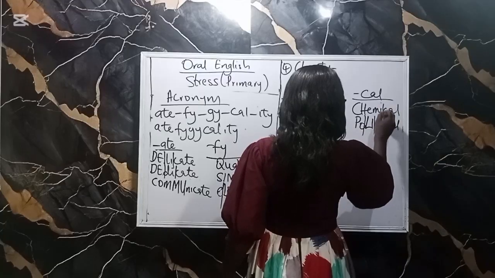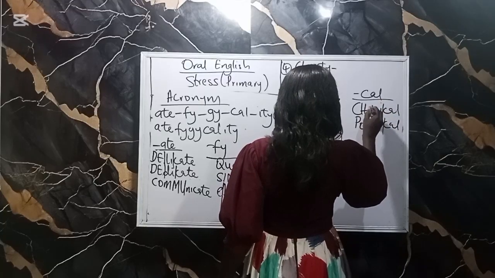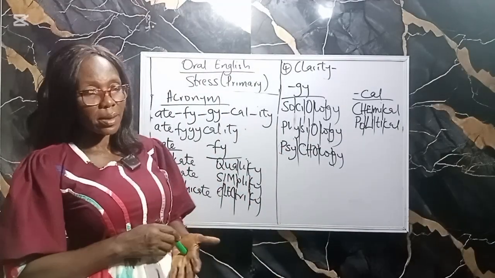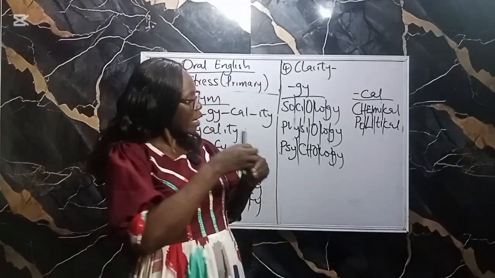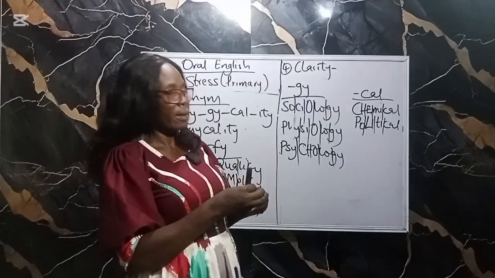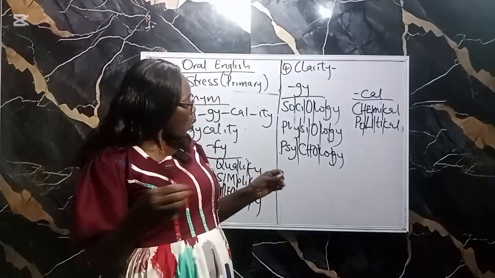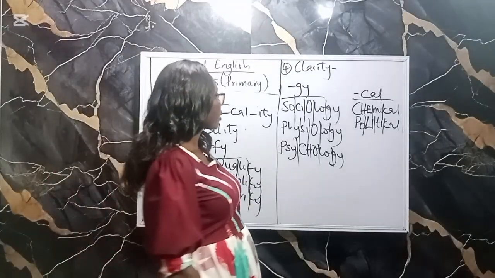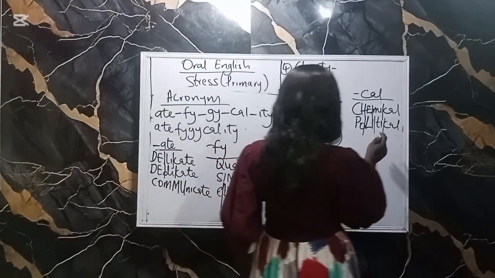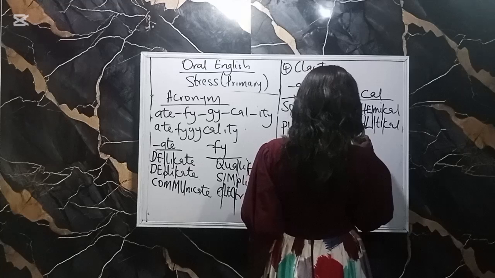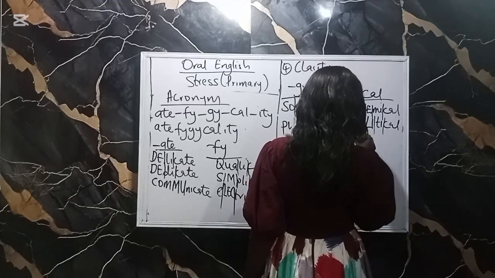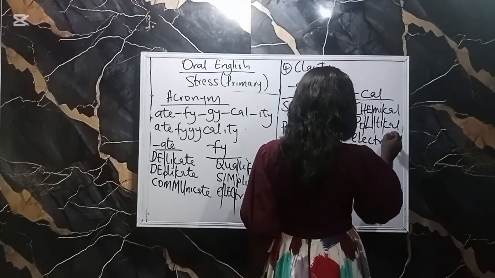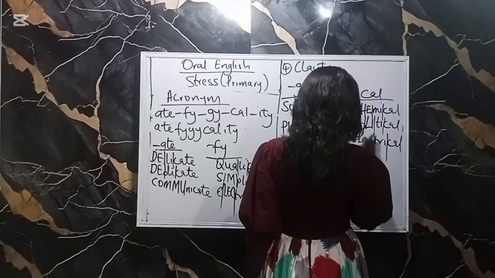This one is also 1, 2, 3. So this was supposed to be capital letter. Chemical. If you are with our rubber band, you simply stretch chemical. Po, okay, po. Li, ti, cal. Exactly. Now, let's check one more word here. Electrical. 1, 2, 3. So this one is stressed in the same way.